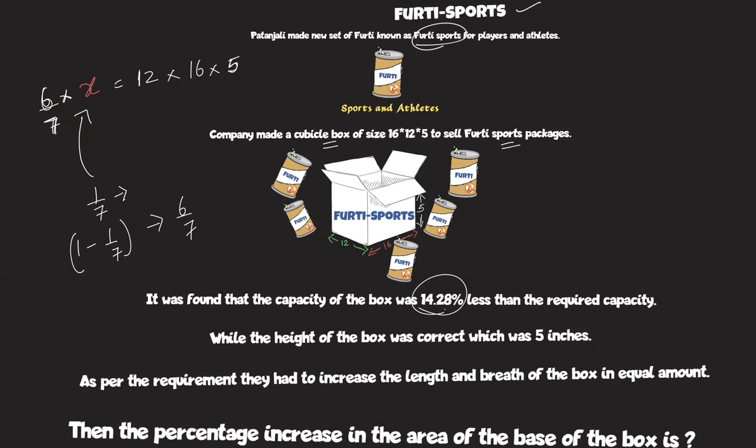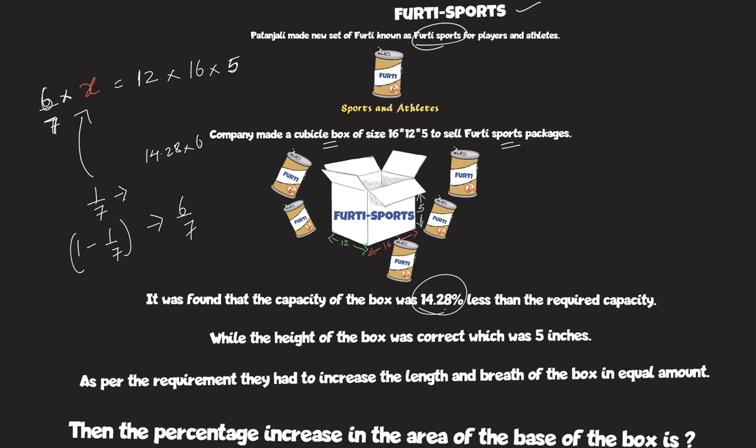That comes out to be what? Which is nothing but 14.28 into 6. That is 60 plus 24, 6 8s are 48. This comes out to be somewhere around 86. Okay, 86% approximately of the actual capacity is equal to the capacity that I have made right now.